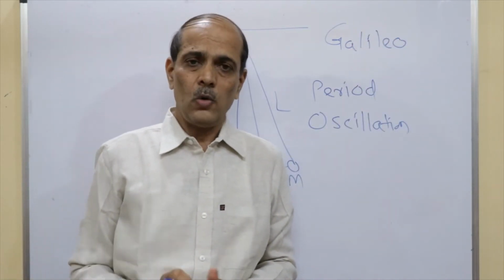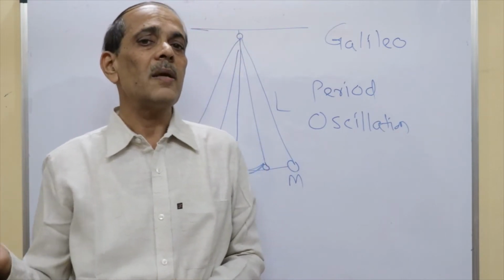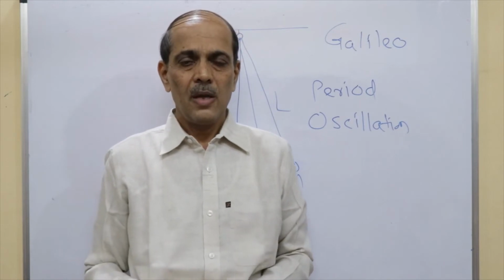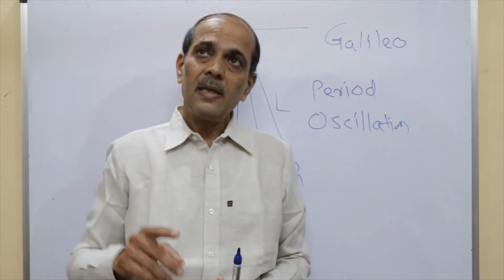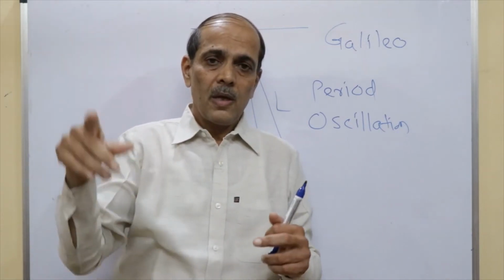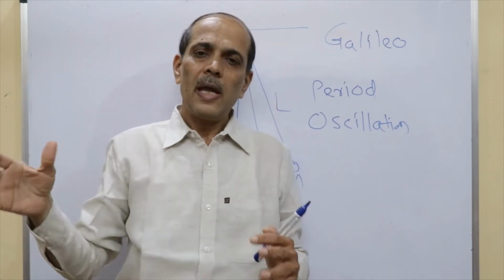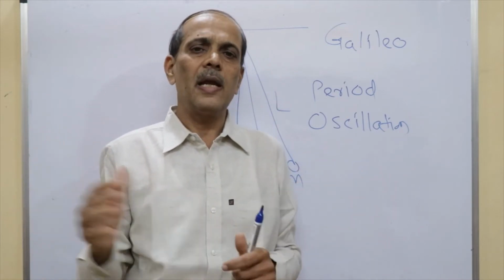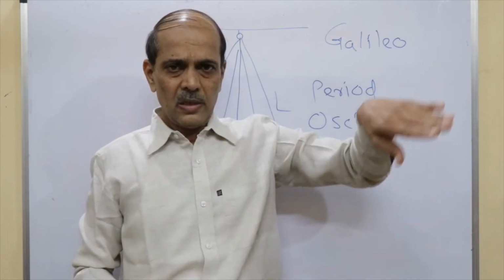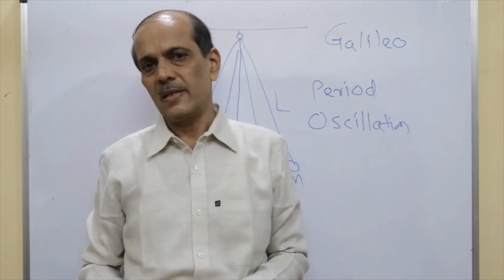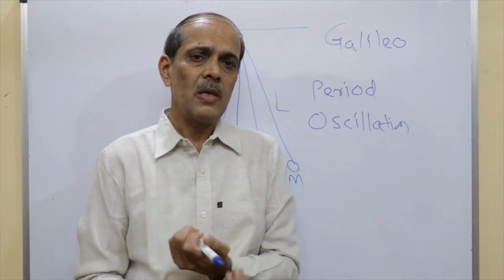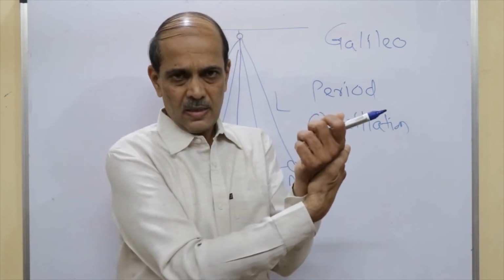Galileo found out, when he was doing his prayers in a cathedral or a church, that the chandeliers which were suspended from the roof were swinging due to wind coming into the church. They had long strings, so these lamps swing like this. He always kept observing those lamps using his pulse.